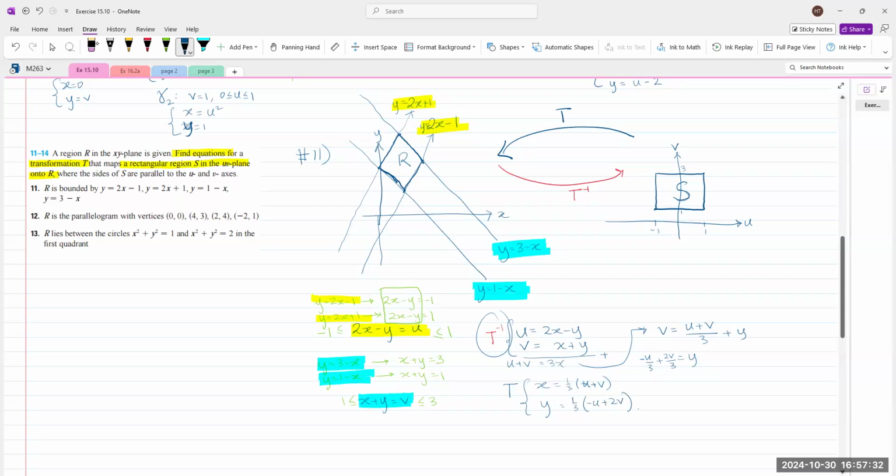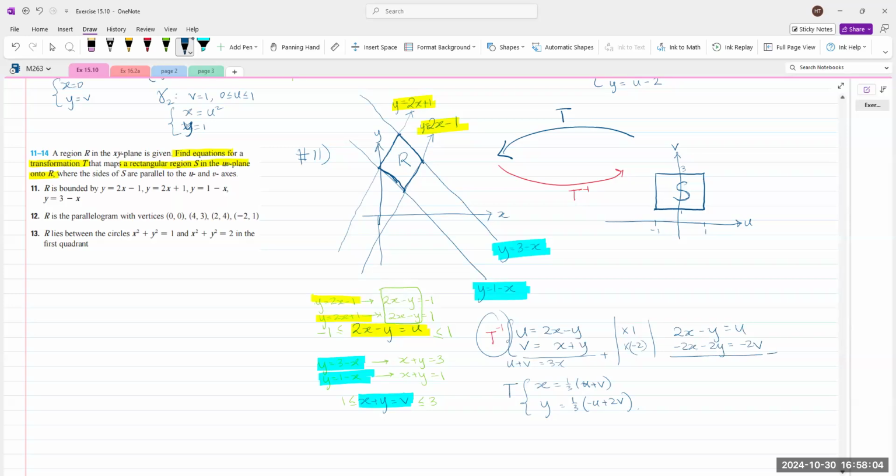Okay, we can also do it this way. The idea is, if you remember in algebra 1, we solve for y. We already solved for x here. So to solve for y, I need to eliminate the x, so I multiply this by 1 and this by -2. So I get 2x minus y equals u, and -2x minus 2y equals -2v.